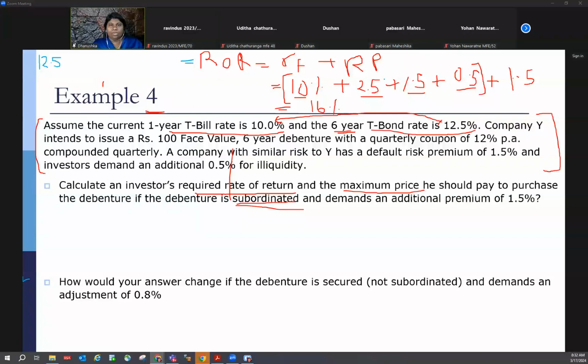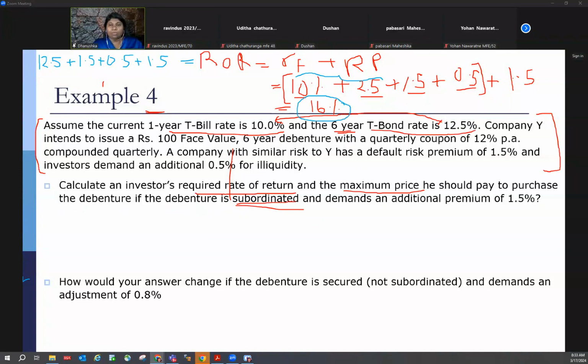So without calculating the risk-free rate and the term premium, I can straight away take the 6-year bond rate, and to that I can add the credit premium, the illiquidity premium, and the subordination indenture provision. I will still get the same answer, 16%. Okay. So now I know my required rate of return. It is 16%.